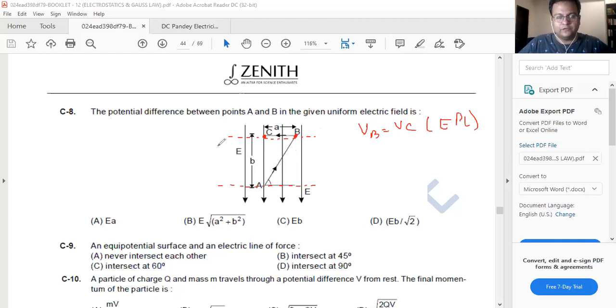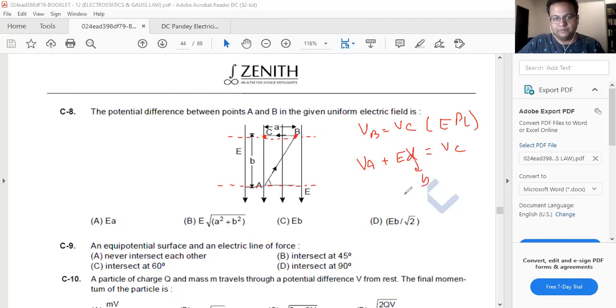Okay, for a uniform electric field, equipotential lines are parallel to each other and perpendicular to the field. Okay, now potential difference between A and C को आराम से calculate कर सकते हैं. A से C जब जा रहे हैं तो you're moving opposite to the field, so the potential will increase. Okay, तो VA पे जो potential है plus what is the formula for potential difference? E into D is equals to VC और D का value कितना है?